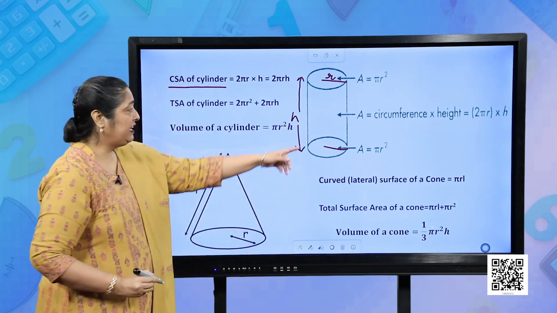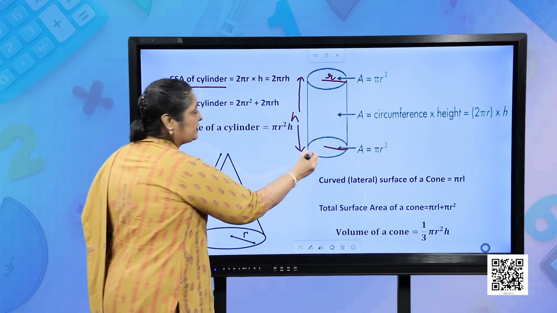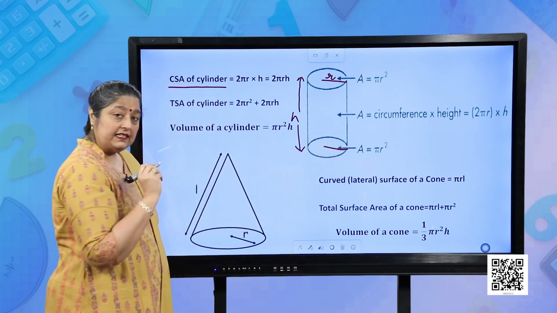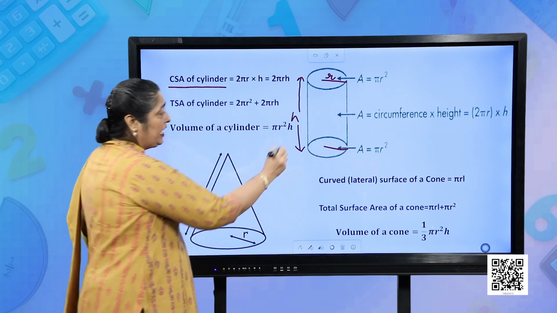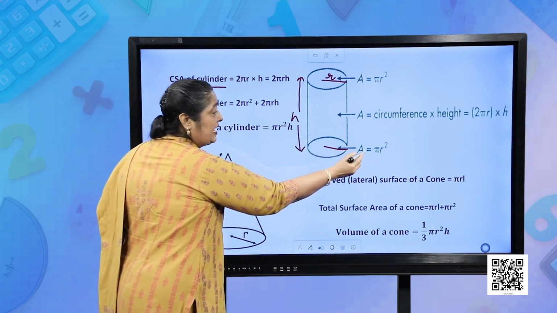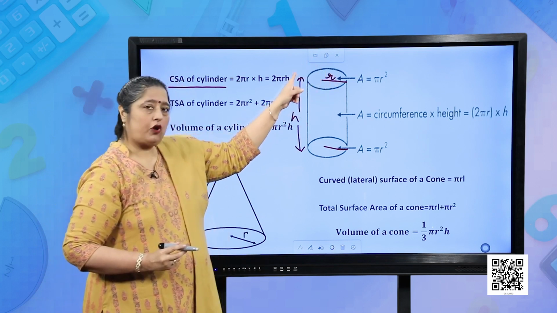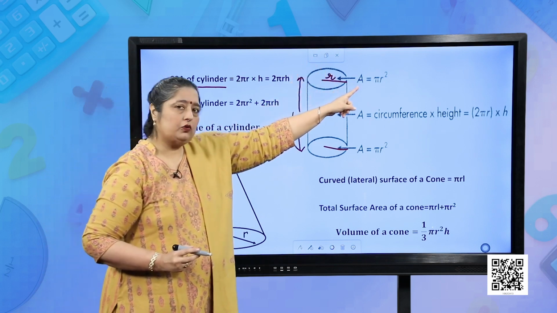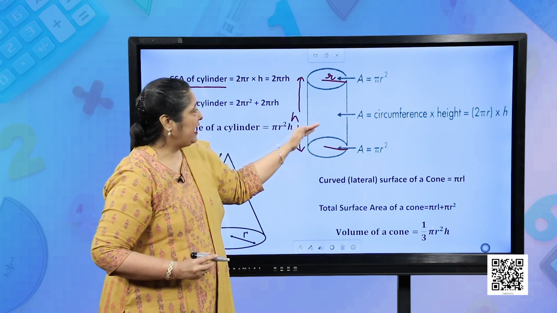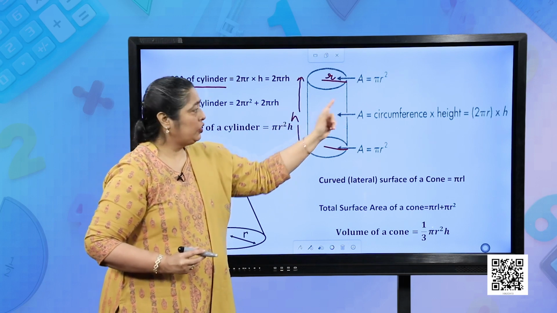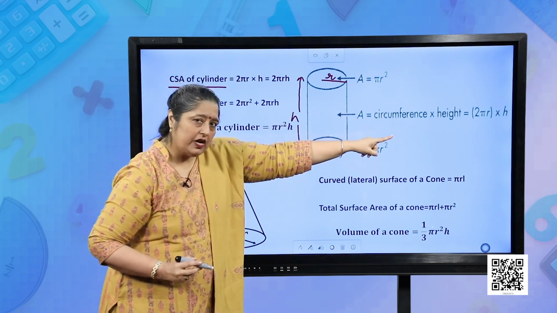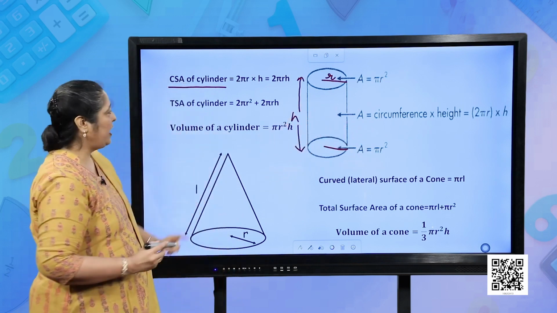You can see clearly in the figure, the area of this base of a cylinder is a circle. So, area of this base is A equal to pi r square. Similarly, area of the topmost is A equal to pi r square, whereas area of this curved surface is 2 pi r into h.